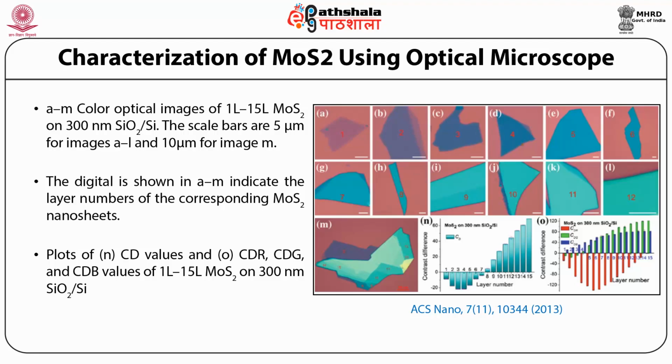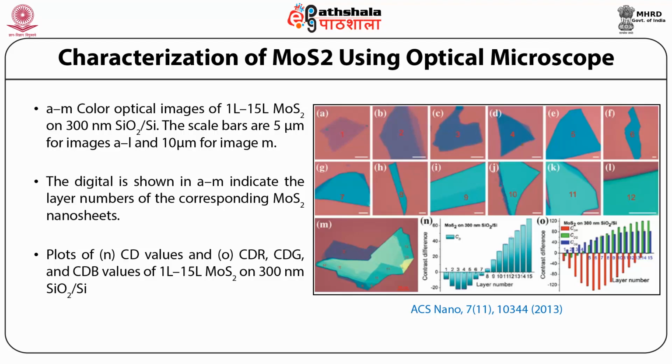The color of the dielectric-coated wafer depends on an interference effect from reflection of the two surfaces of the dielectric. Single and few layer flakes on the surface of the dielectric modify the interference and create a color contrast between the flakes and the substrate.